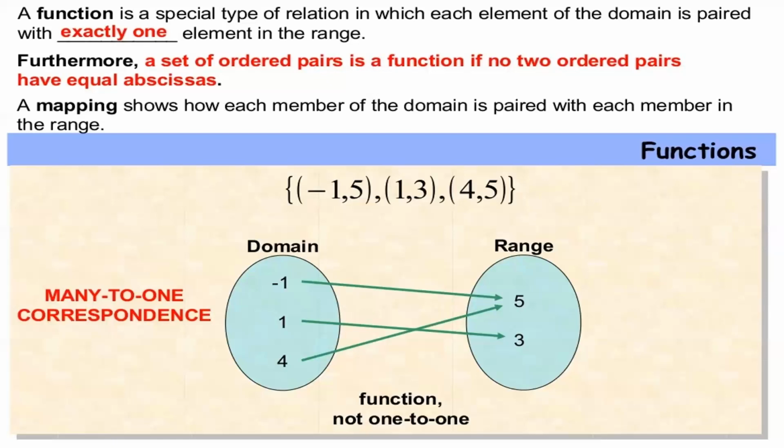Sir, question. It's no longer one-to-one. It is many-to-one because 5 has two corresponding domain values. It is many-to-one. And as you observe, this is a function.